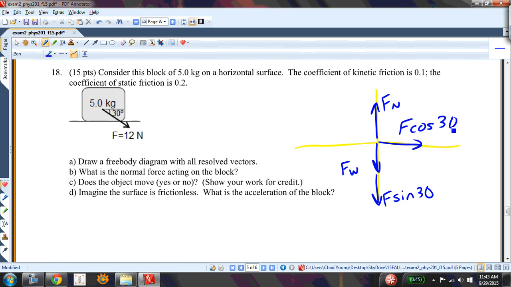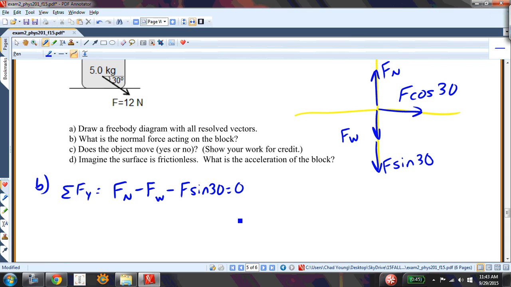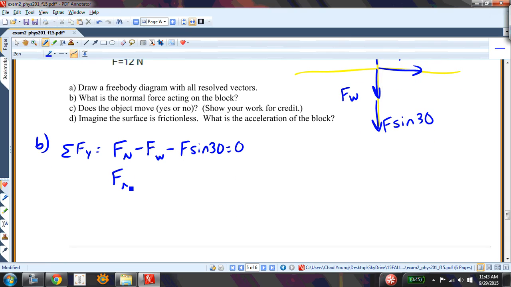What is the normal force acting on it? Well, I can do the sum of the forces in the y direction. Equals Fn minus Fw minus F sine of 30. It's not moving in the y direction, so that acceleration is 0. So Fn is equal to Fw plus F sine of 30.